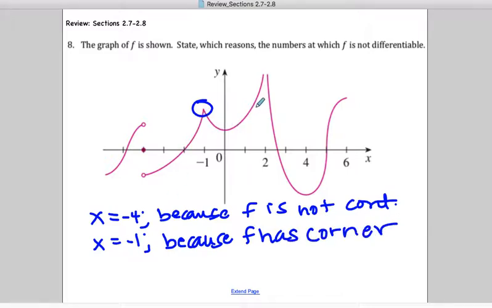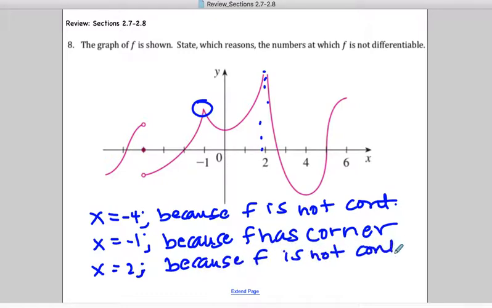Then I continue on. Looks like there's a little break here. There's an asymptote. I am discontinuous. It's an infinite discontinuity, but all I care about is I can't take the derivative because f is discontinuous or not continuous. And then if I carry on, I think I'd be fine taking my tangent line here, except if I were to draw my tangent line right here, I would have a line straight up and down.